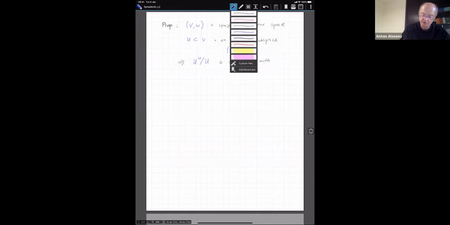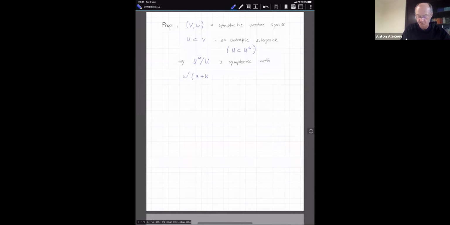This symplectic structure omega prime is defined on classes, which are vectors in the quotient space, and this is simply omega of A, B, where A and B are elements of U omega orthogonal. This is a very simple fact, but this is in some way a prototype of the reduction theorem.